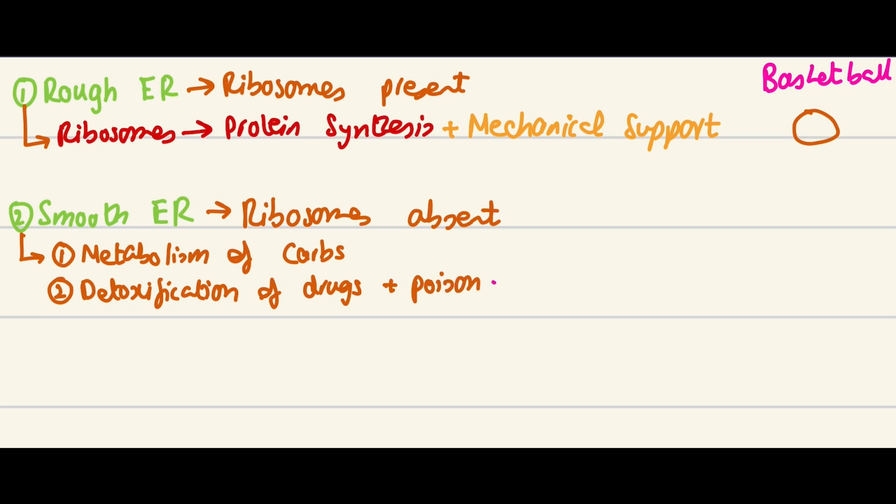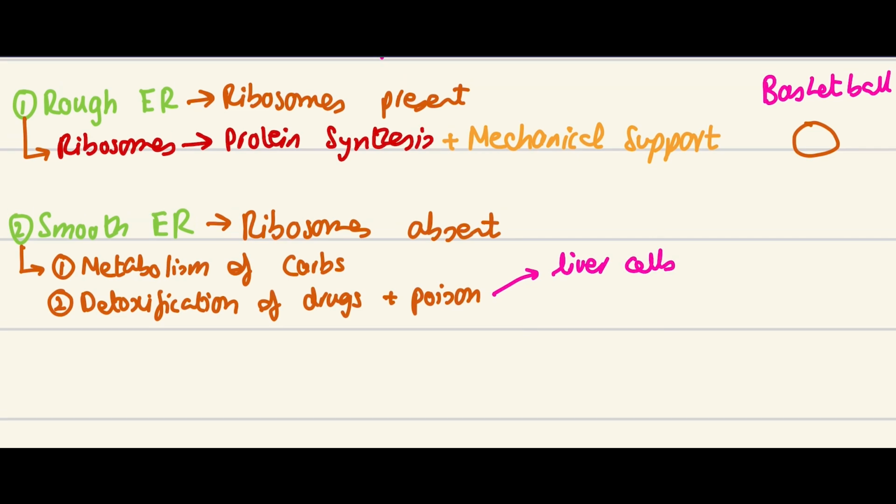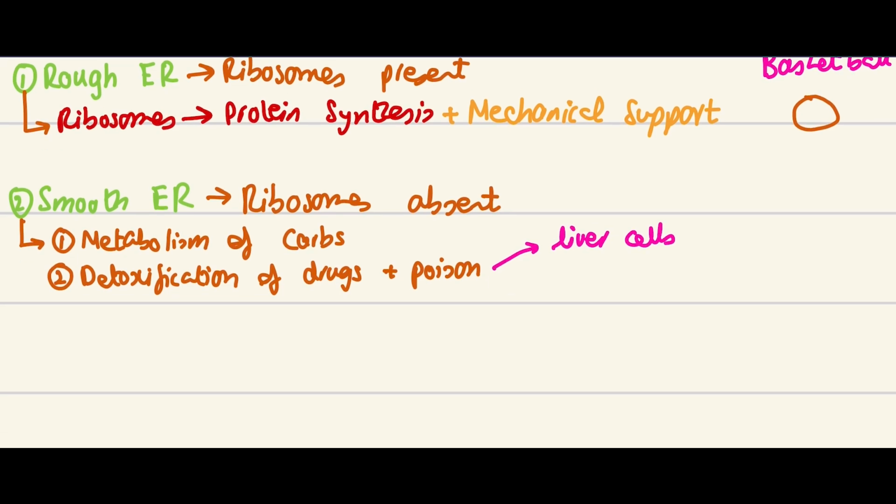And it's particularly important in the liver cells. So if you guys plan on pursuing medicine or a career in healthcare which has a pharmacology course, you'll be discussing the first pass metabolism and all of these things. And over there you'll learn that the liver cells, the hepatocytes, are involved in detoxifying or inactivating drugs that we take. So that's pretty important because they love to give you questions on this.